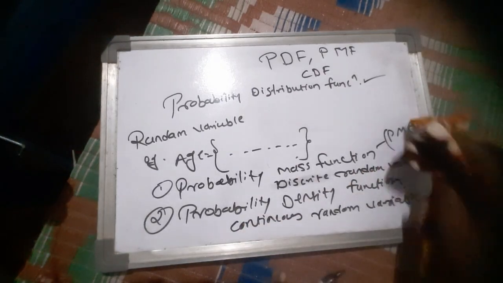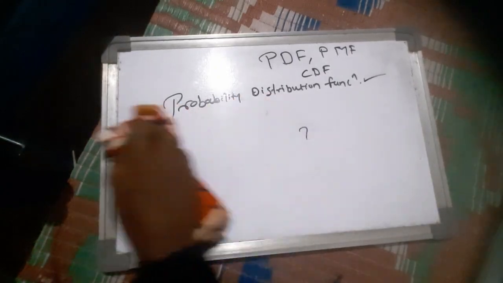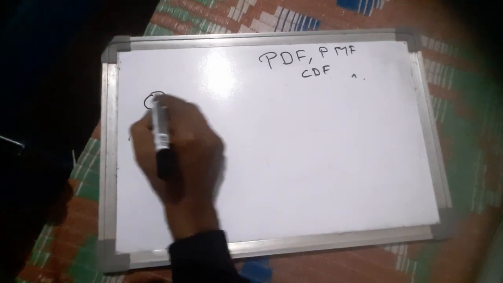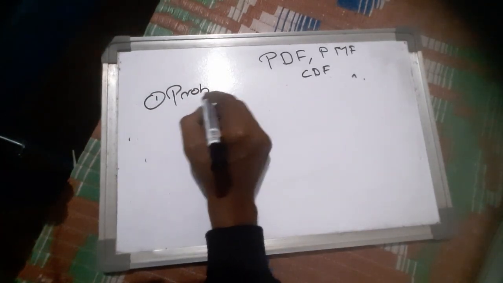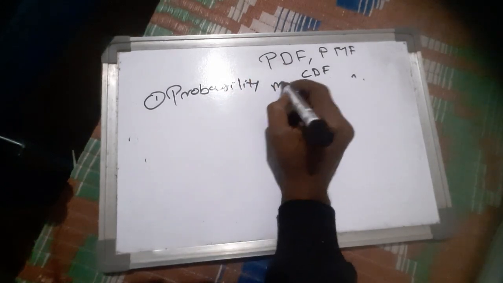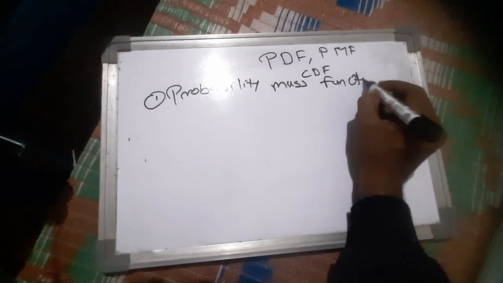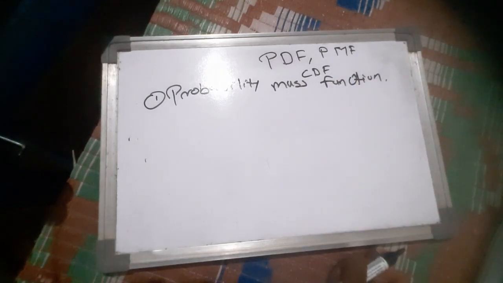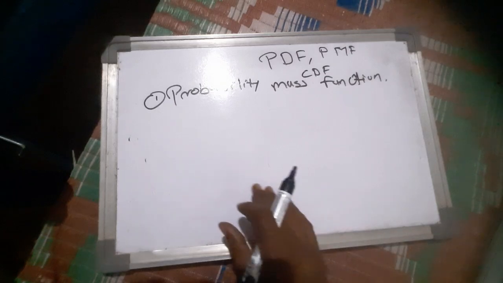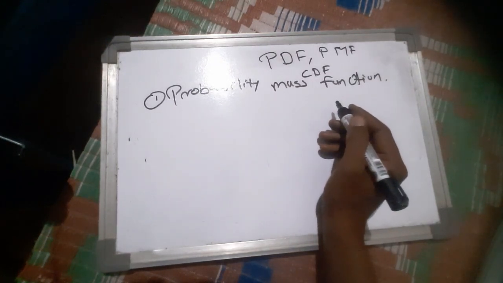So let's clean up. Those are the two types of probability functions, and first we will understand what the probability mass function is. Let's take an example to understand the probability mass function.